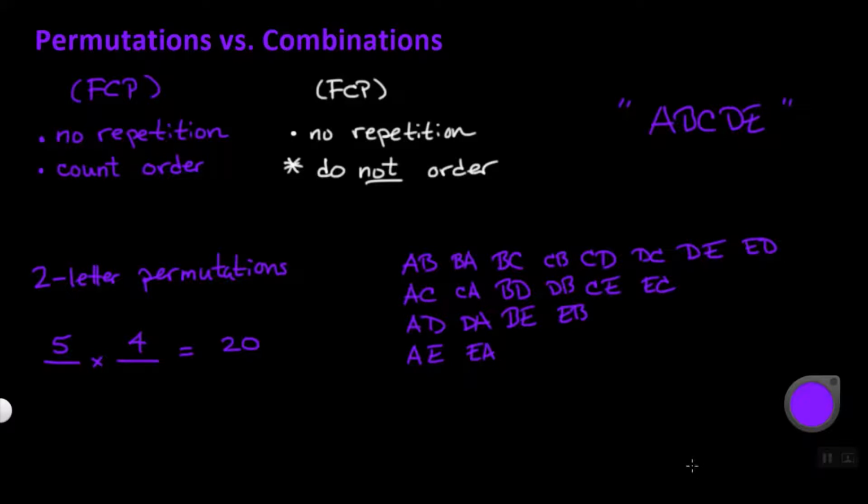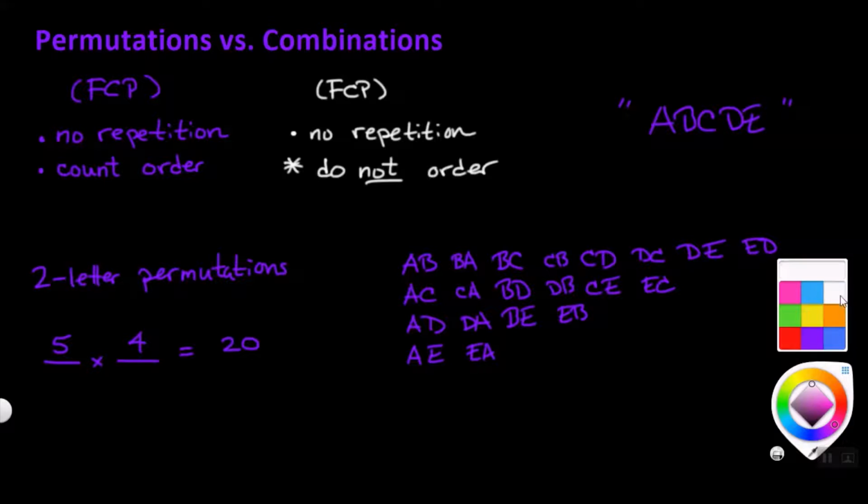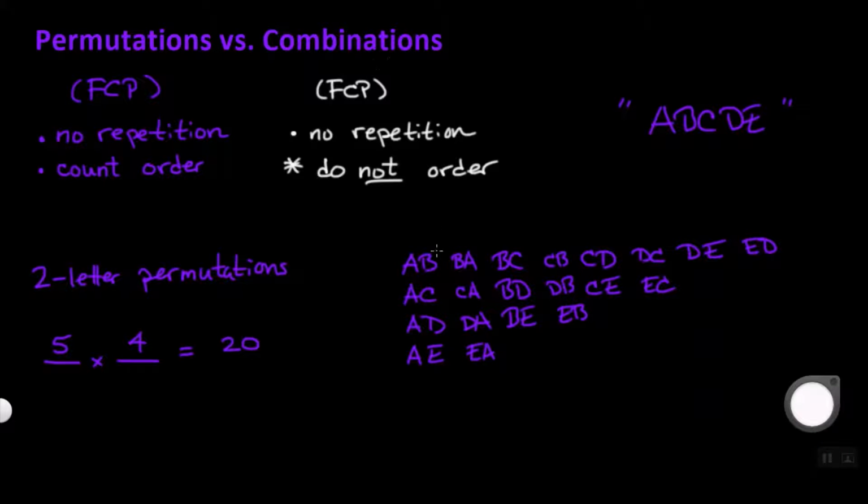Now there's nothing glamorous there, but of course it's a good idea to have them all sitting in front of us so we can clearly see that if I just want combinations, I only want to count whichever column I want to take, or one of those first 2 columns. We'll do the first one because that's the one we wrote down first. I don't want to have to reverse all the letters. I do need to keep that in mind if I'm counting order for permutations though, of course.